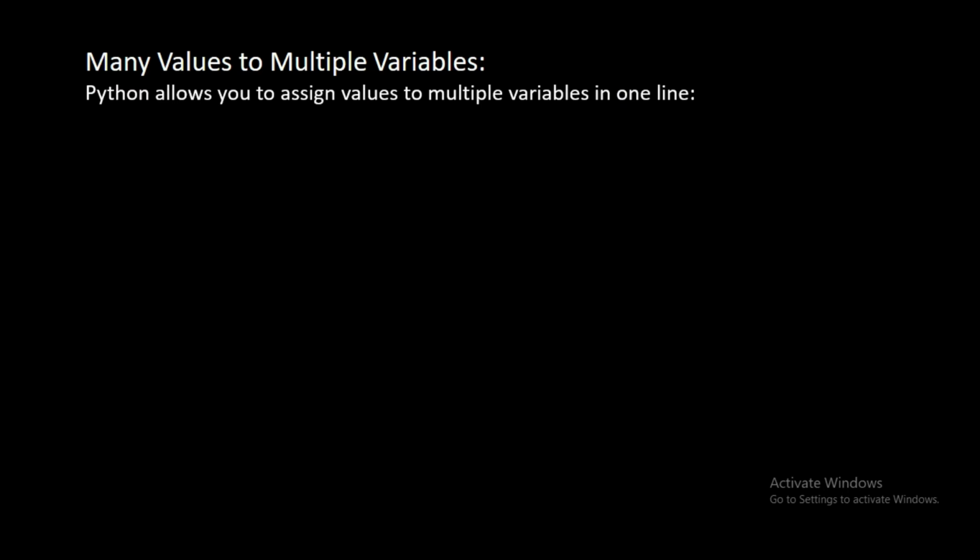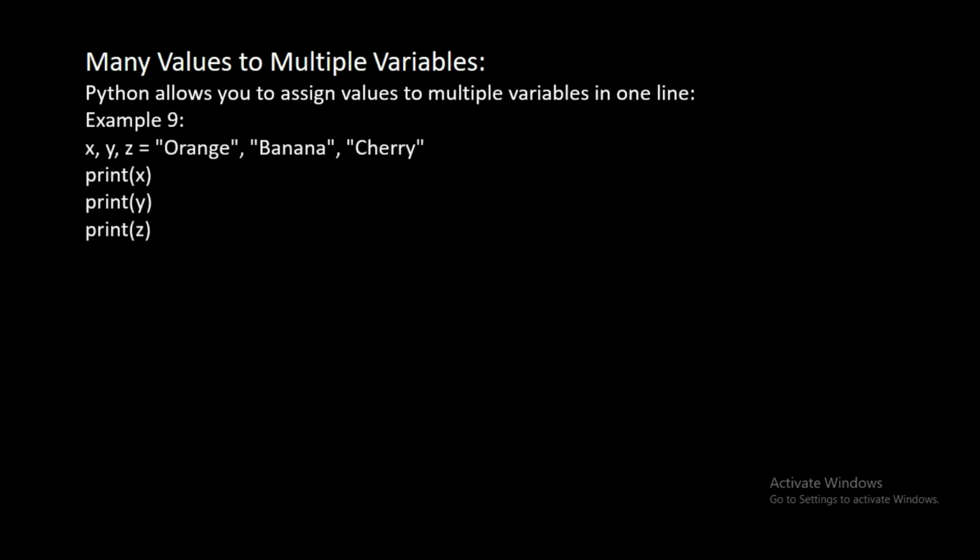Many values to multiple variables. Python allows you to assign values to multiple variables in one line. From this example, x, y, and z, these variables are different, and we are assigning x is orange and y is banana and z is cherry.